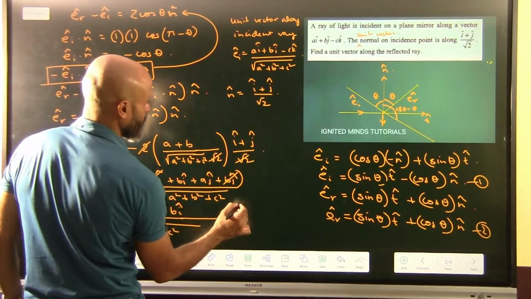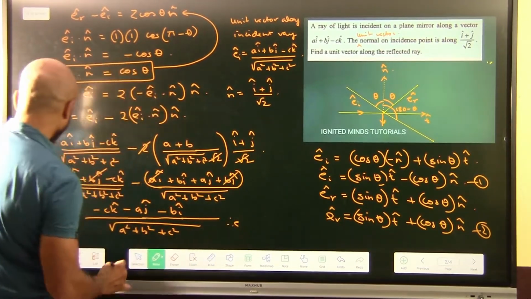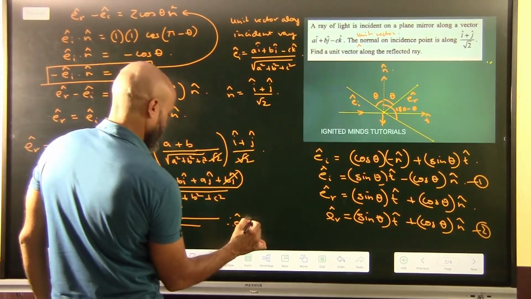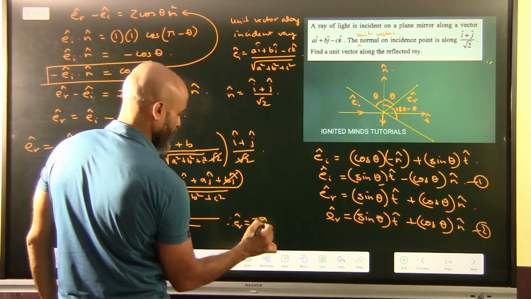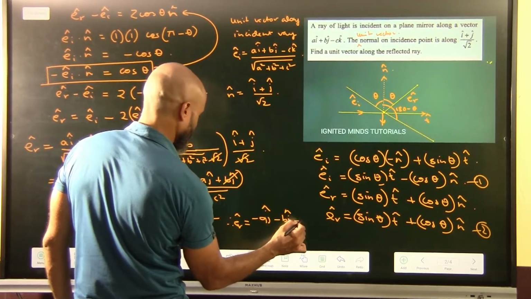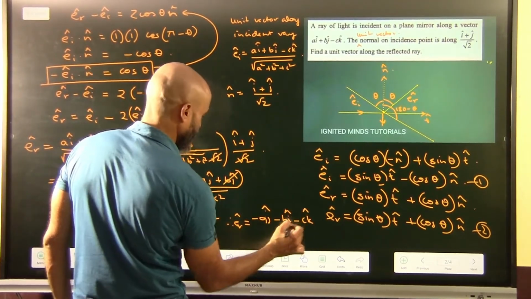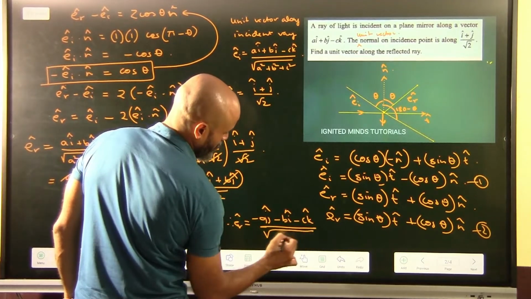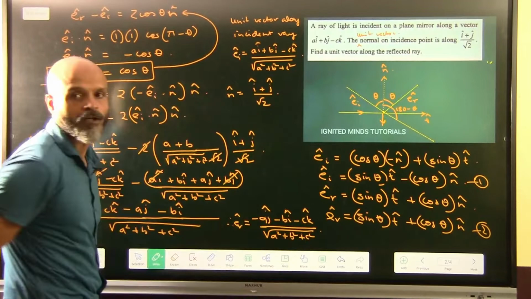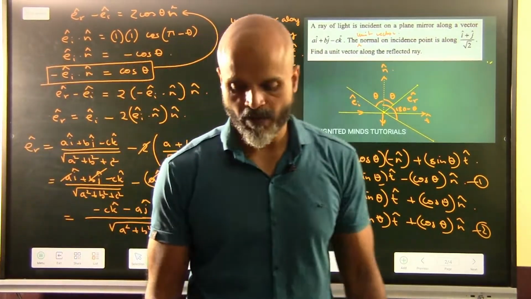So the unit vector along the reflected ray here is minus aj cap minus bi cap minus ck cap upon under root of a square plus b square plus c square. Okay, so that would solve the problem out here.